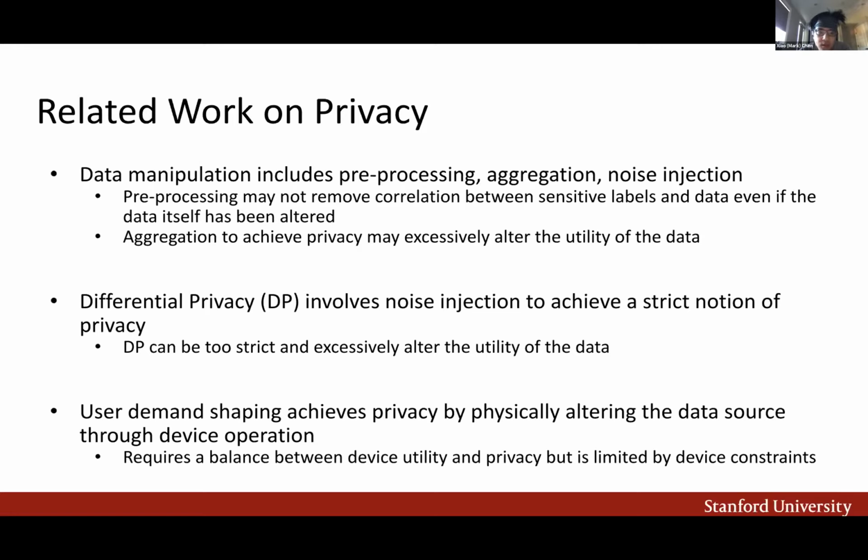And finally, user demand shaping is another approach which achieves privacy by physically altering the data source through some device operation. For example, incorporating storage to smooth out the raw trajectory of the power consumption. However, it requires a balance between the device utility and privacy, and it is limited by the device constraints.